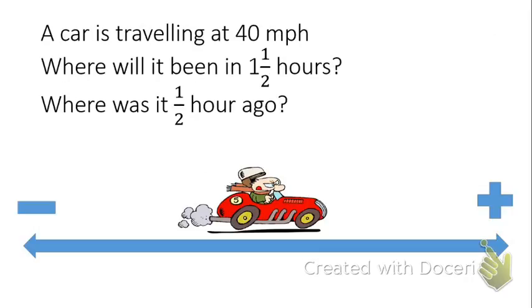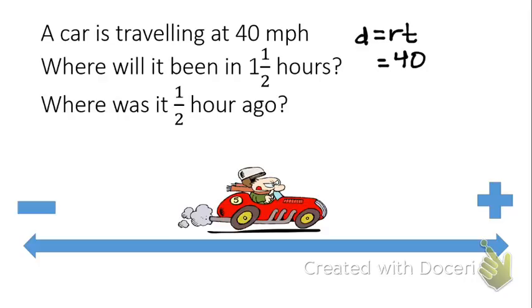Let's look at another one. Okay, similar idea. Car is traveling 40 miles per hour. Where will it be in 1.5 hours? So, once again, let's use our distance formula. Distance is rate times time. Now, we still don't know the distance, we're looking for it. So, the rate we know is 40 miles per hour.